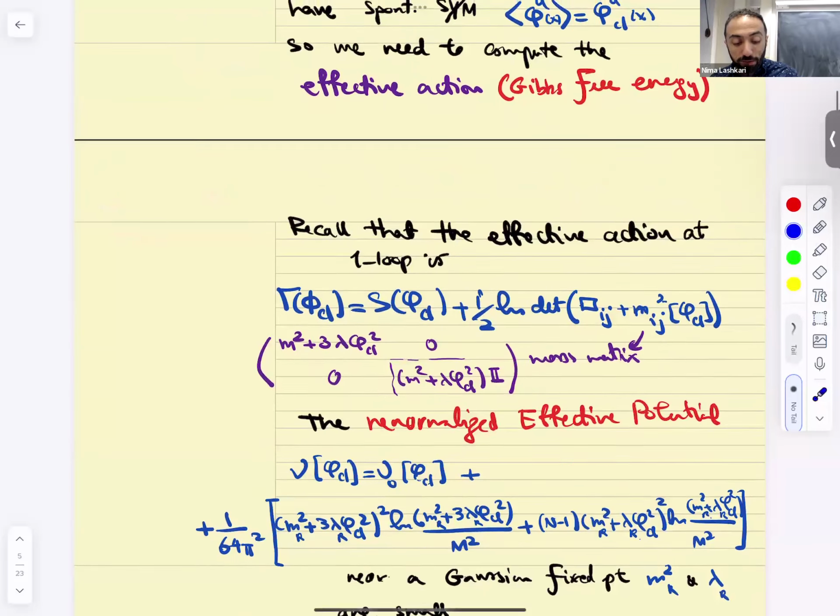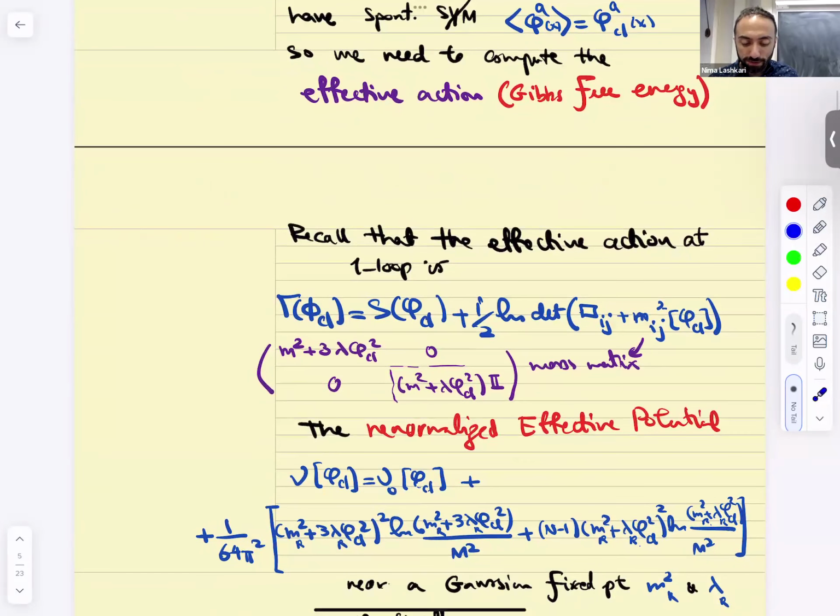So we did calculate the effective action at one loop for this model. It was basically the action for the classical field plus i/2 log of the determinant of the kinetic term plus the mass matrix. We said that we're breaking O(N) to O(N-1).